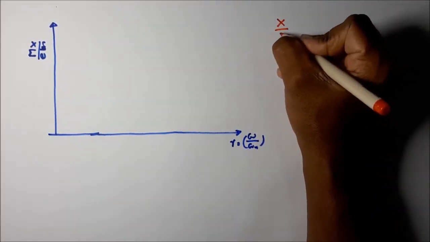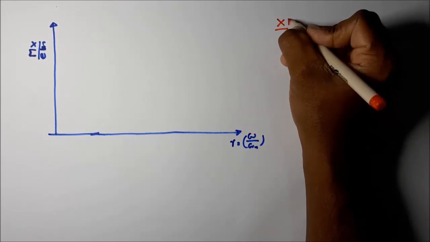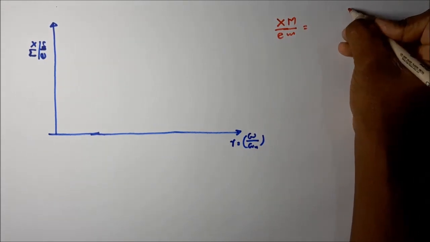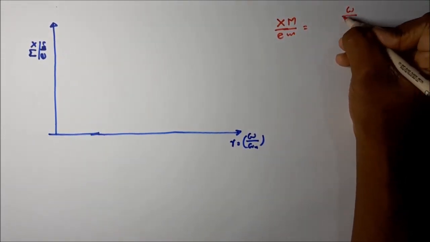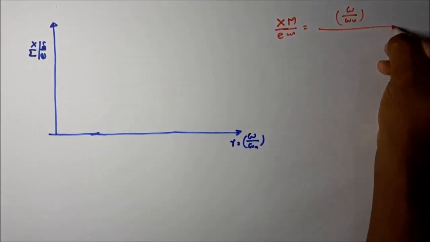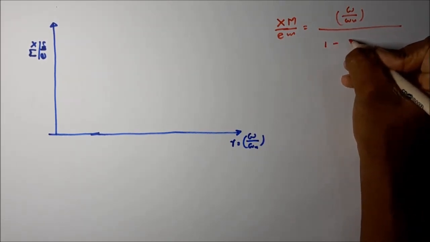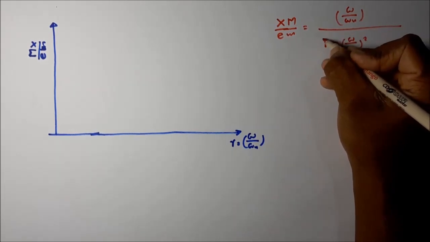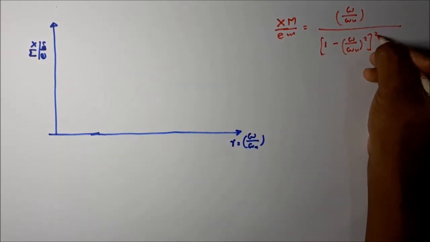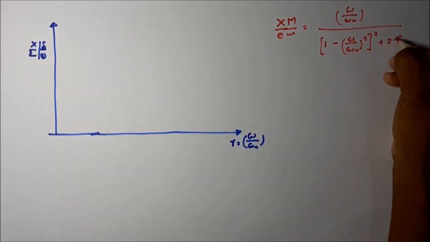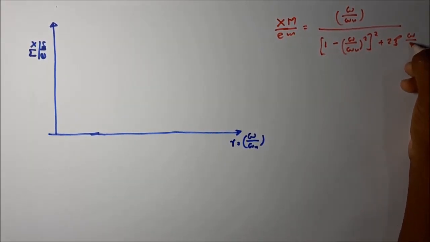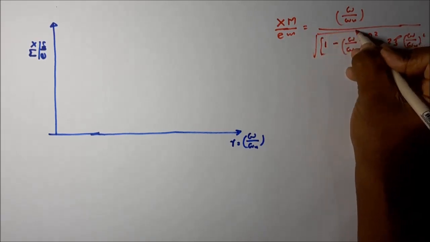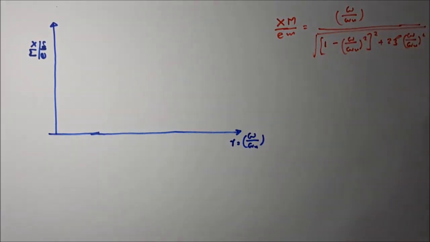X divided by X_m divided by e_m is equal to the square root of omega divided by omega n, divided by (1 minus (omega divided by omega n) squared) plus (2 theta omega divided by omega n) squared, then the square root of the total. Then this is the equation.